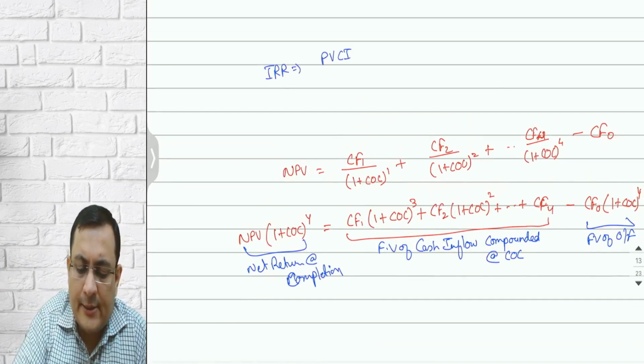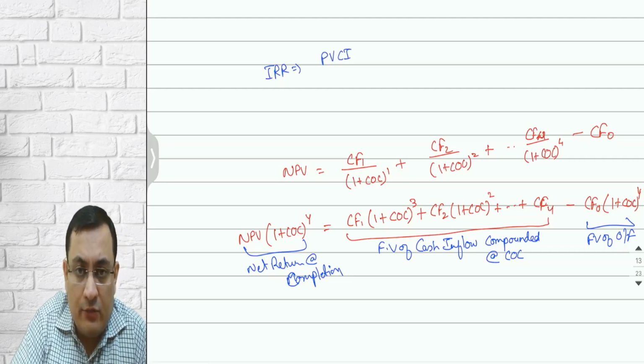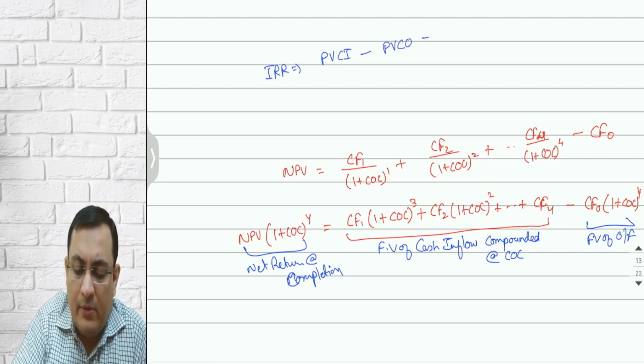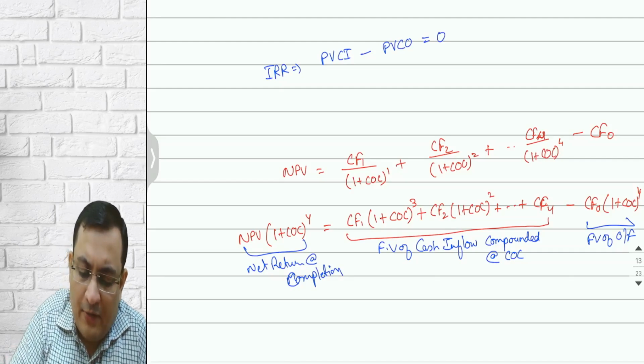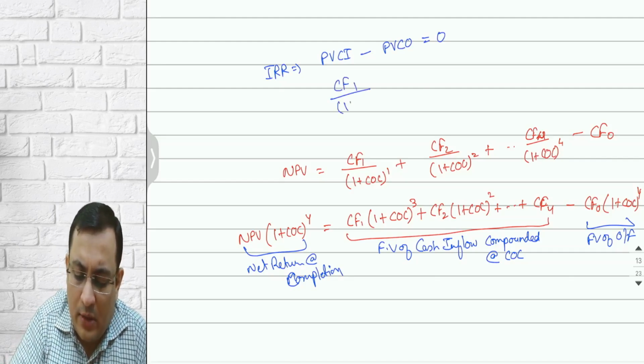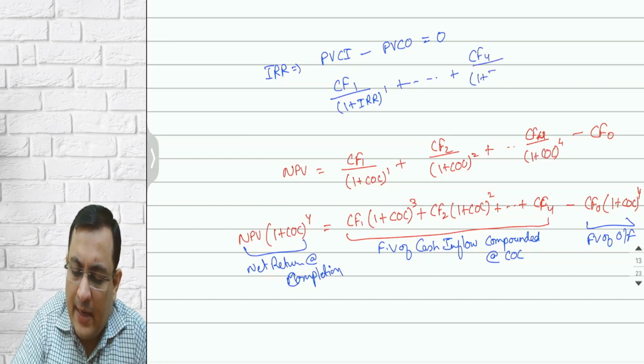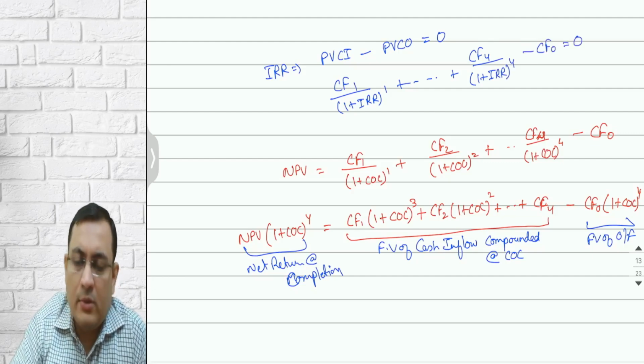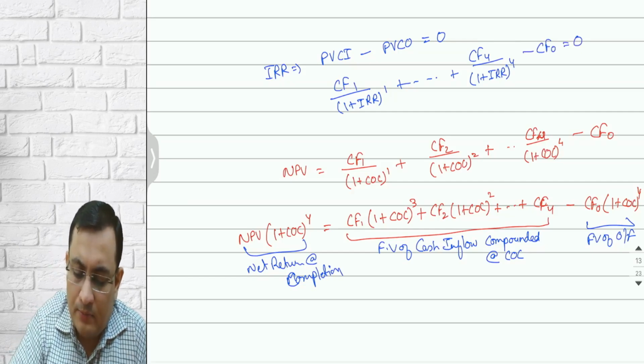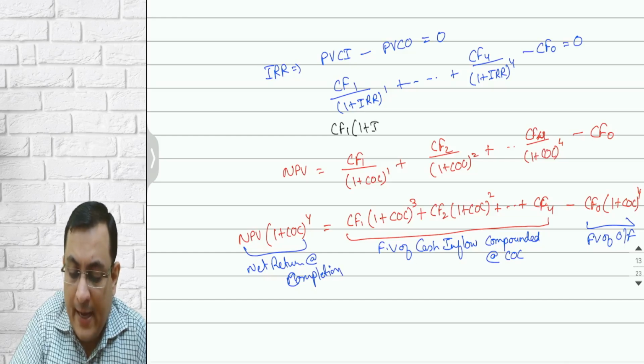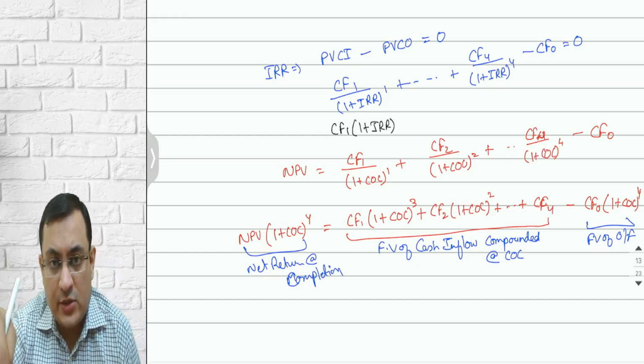I am discounting PV of cash inflows at IRR and comparing it with PV of cash outflow, and it should give 0. So what have we effectively done? CF1 upon (1 plus IRR) power 1, till CF4 upon (1 plus IRR) power 4, minus CF0 should equal 0. So if I compound it, I will get CF1 times (1 plus IRR), the return which the project is generating.